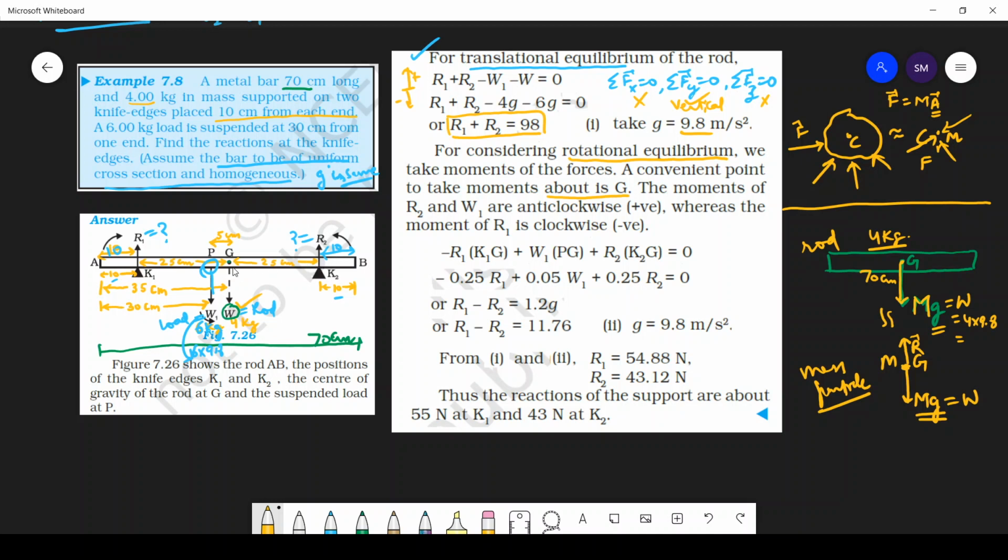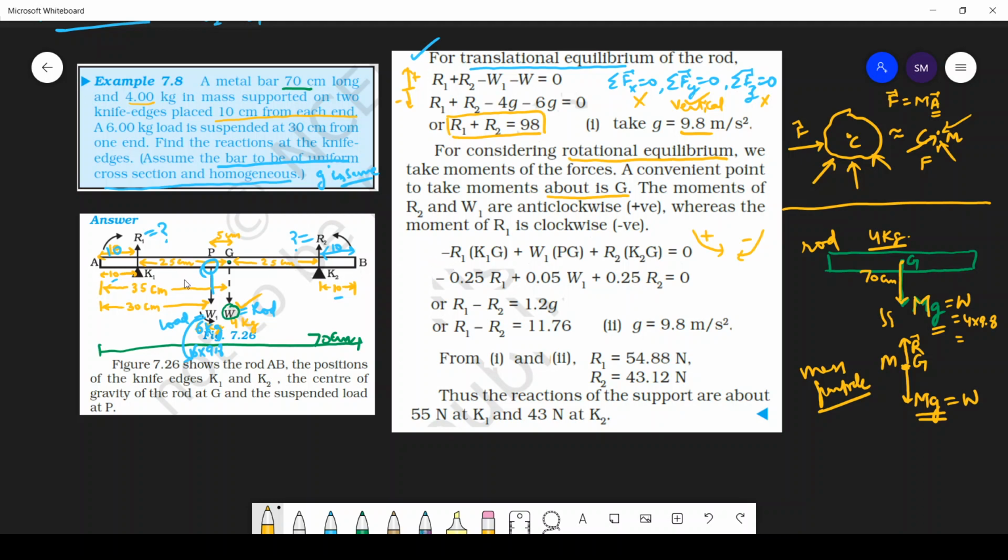So this is the position vector we will be taking from G. Here again anticlockwise moments we are going to take positive, and clockwise moments we are going to take negative. Wherever we have the forces, we will find the moments at that point, the torque acting at that point.